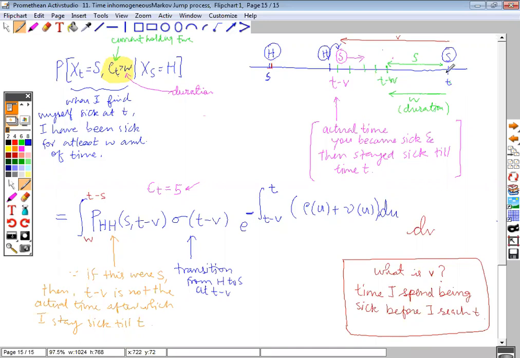So that the whole time I spend being sick, and then that will be just T minus S in theory. So it will never be equal to T minus S, but because this is integration, the chance of anything at equal to happening will be 0. So you take bars into account, you take a particular interval into account. We aren't calculating it at a particular point. Does this make sense?